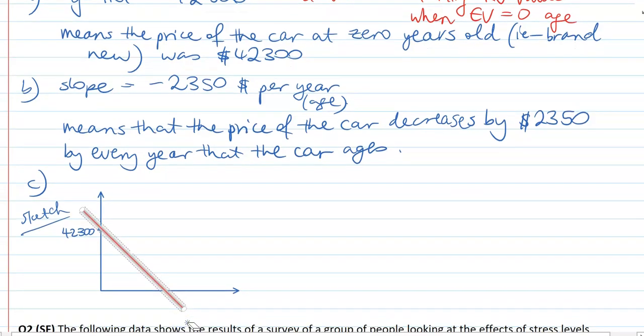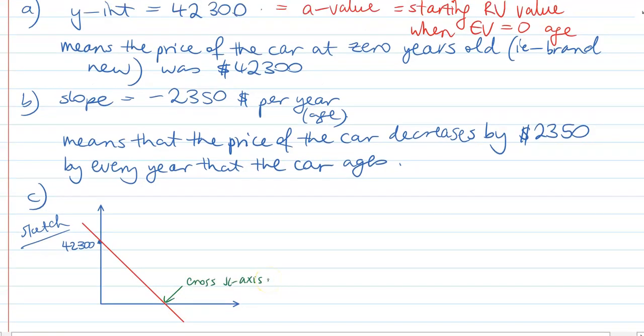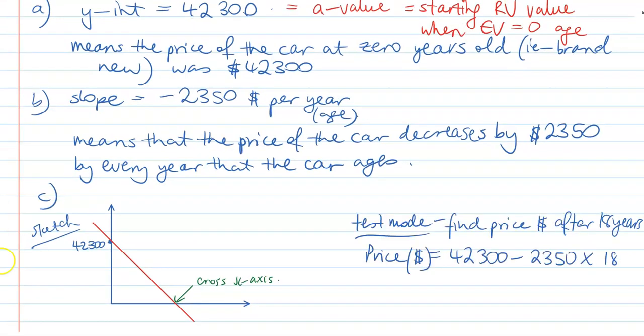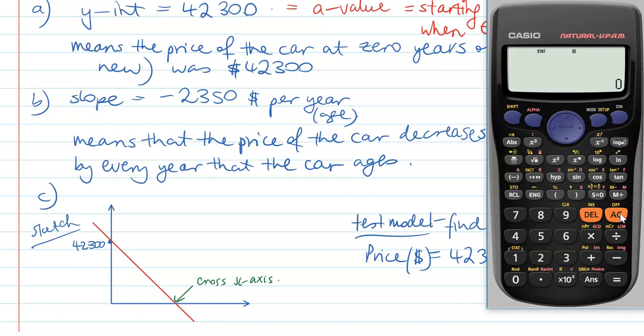So at some point, it's going to cross this x-axis. So we could check where it does cross the x-axis. To test the model, I'm going to find the price after 18 years, because that's what it's saying, exceeding 18 years. So if I type that in, I get 0.